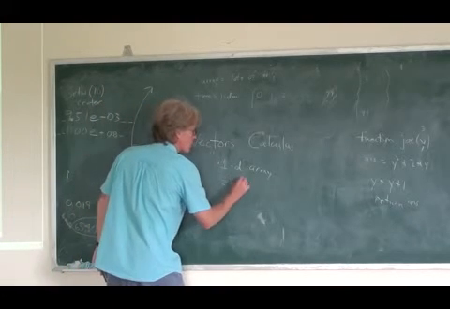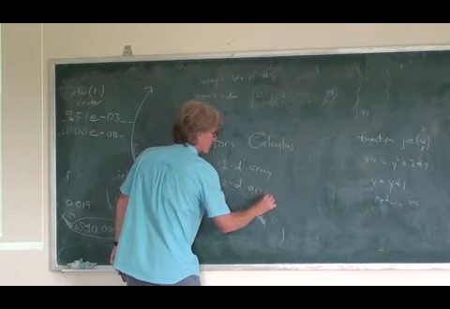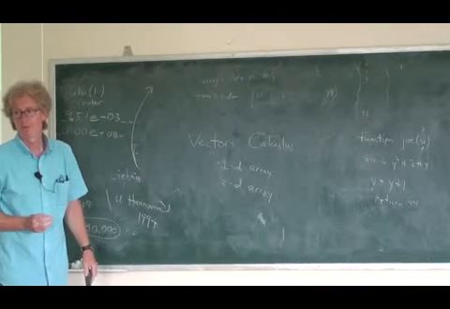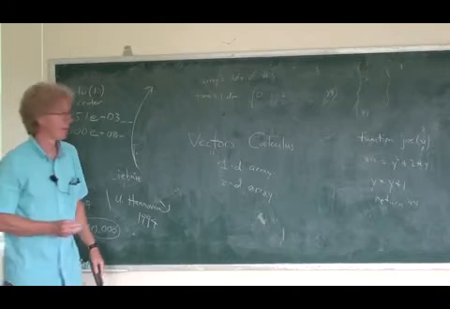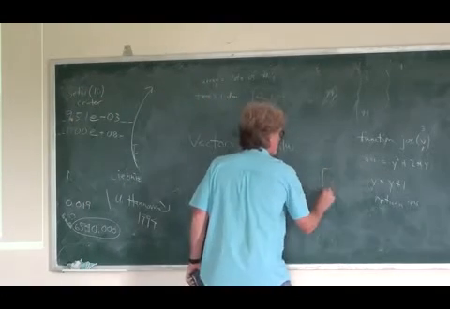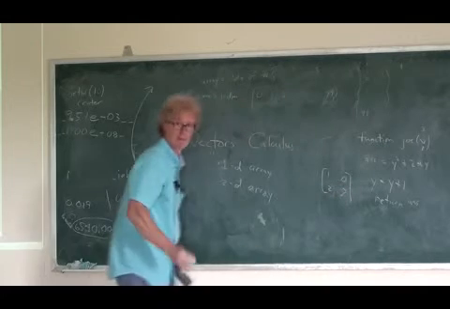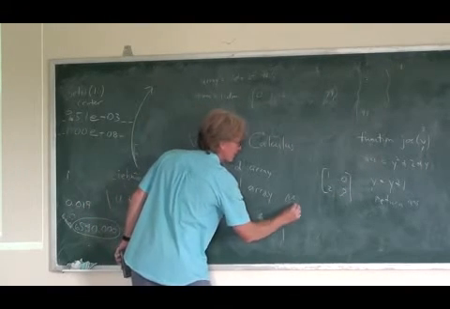What's a 2D array called? It's got its own name. What do you call a two-dimensional array? Maybe you've seen it written something like this. Right, this is called a matrix.